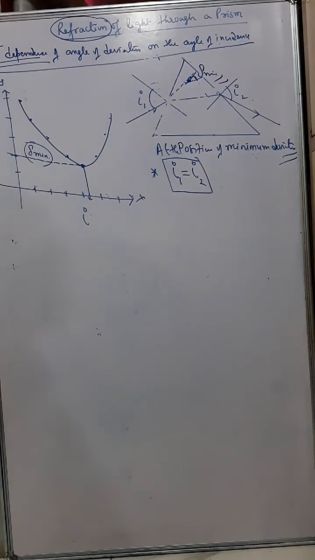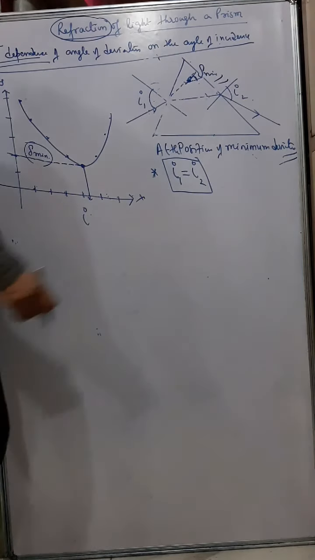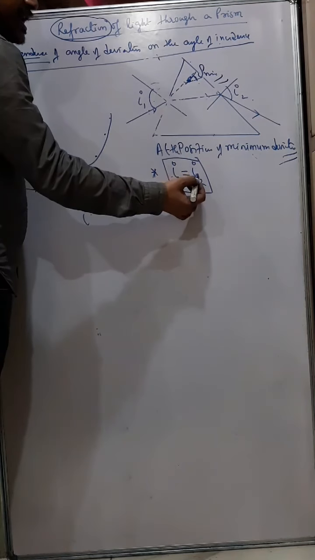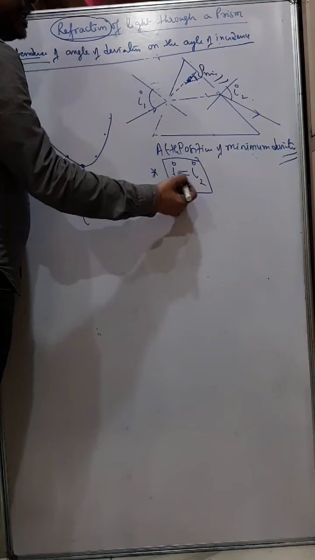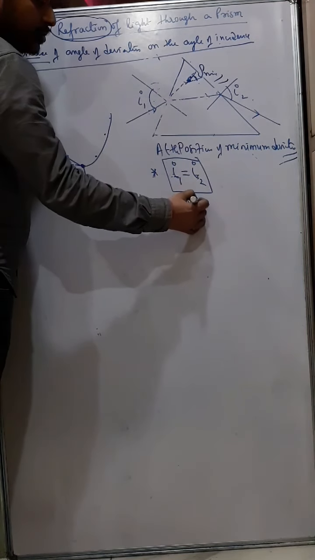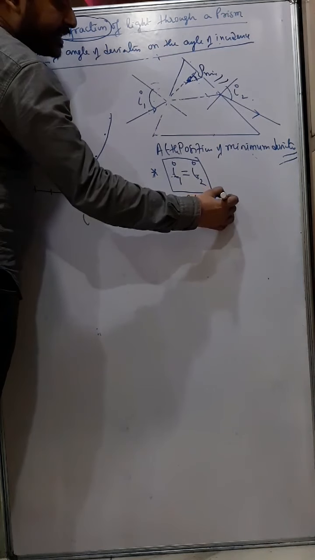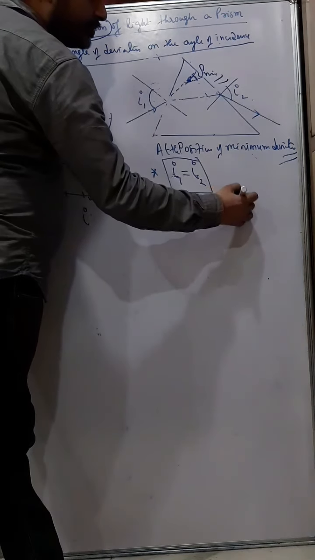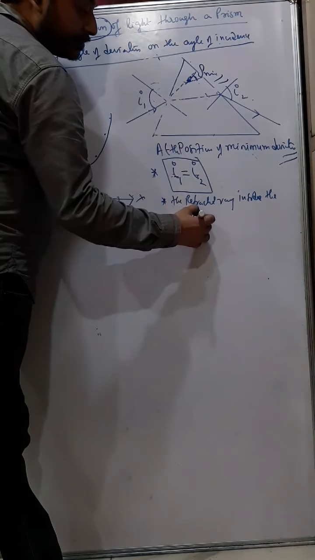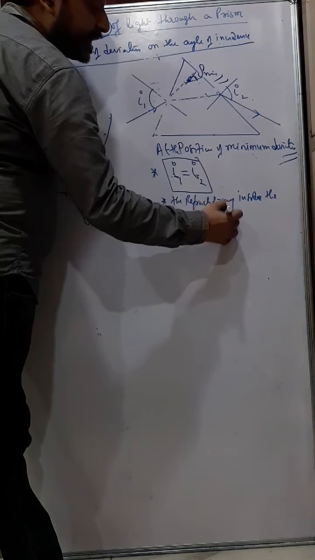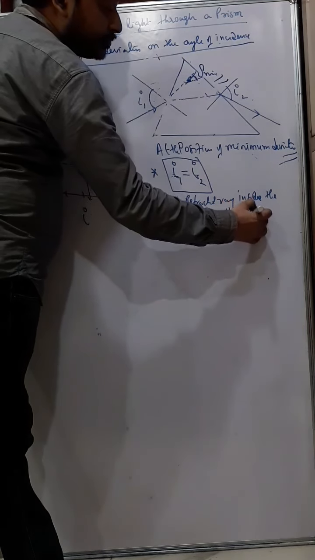Very important: at the position of minimum deviation, the angle of incidence and the angle of emergence will be equal, and also the refracted ray inside the prism is parallel to the base.